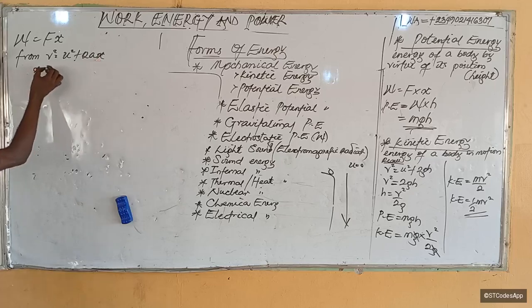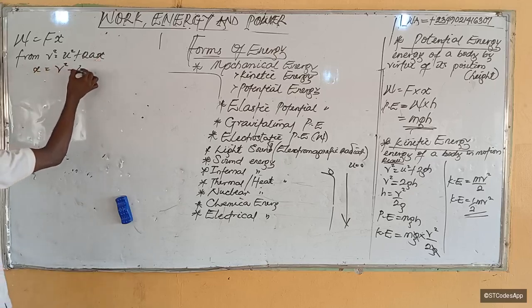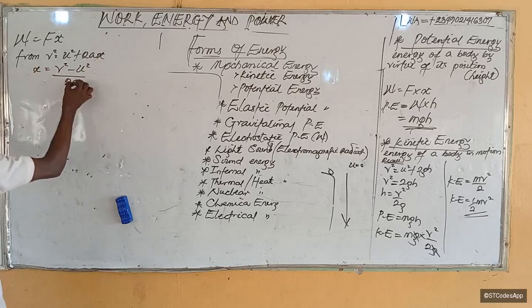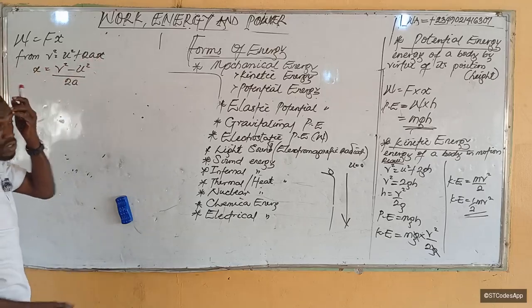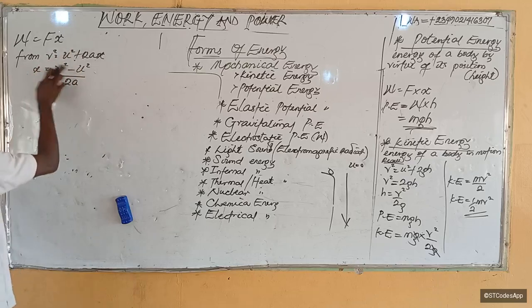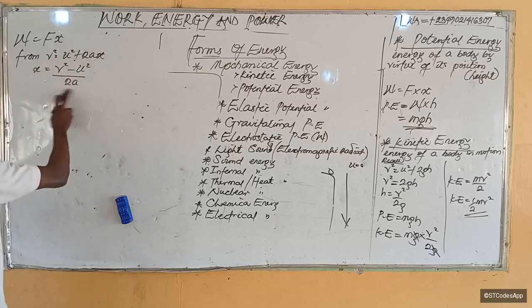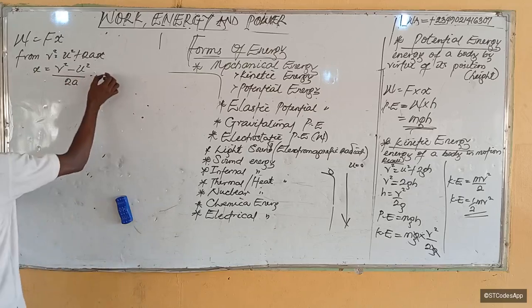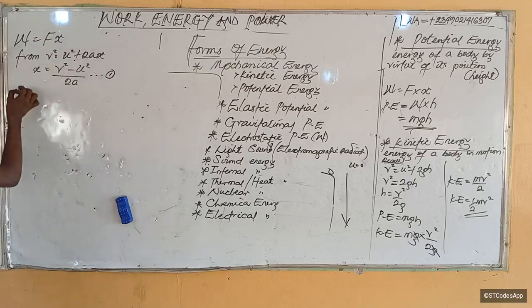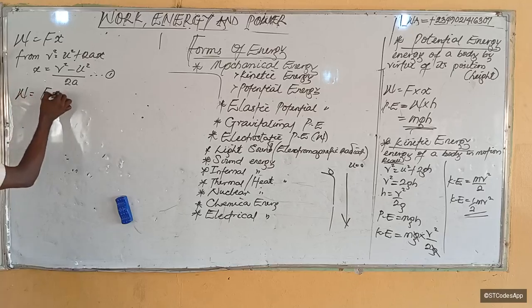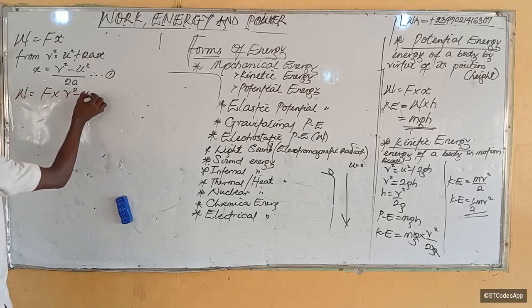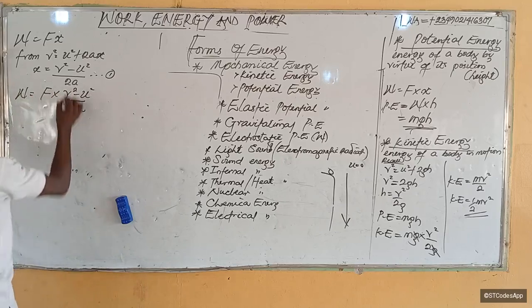x now will be equal to what? v squared minus u squared divided by 2a. By the time you make x the subject of the formula, you get this. If I substitute this into our equation, then W becomes F times (v squared minus u squared) over 2a.